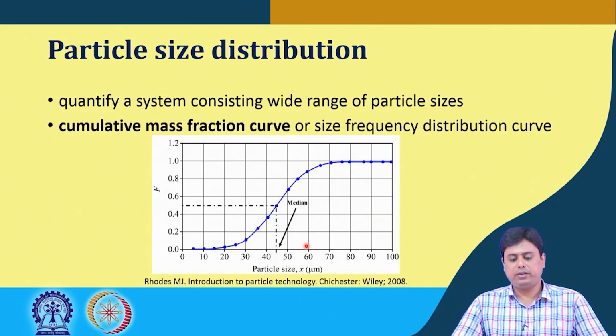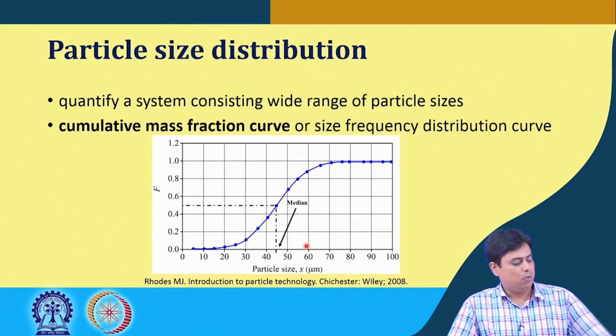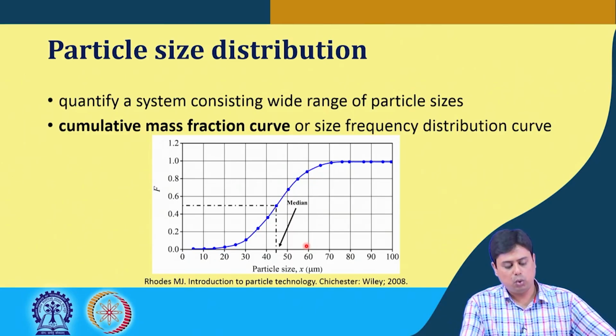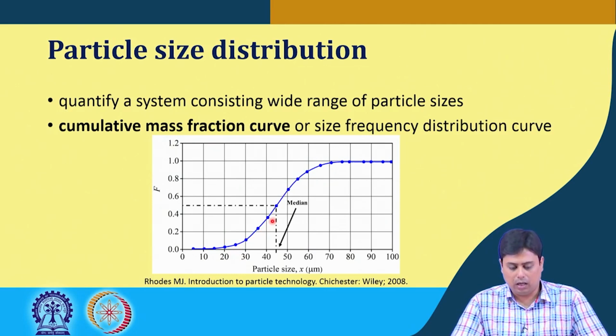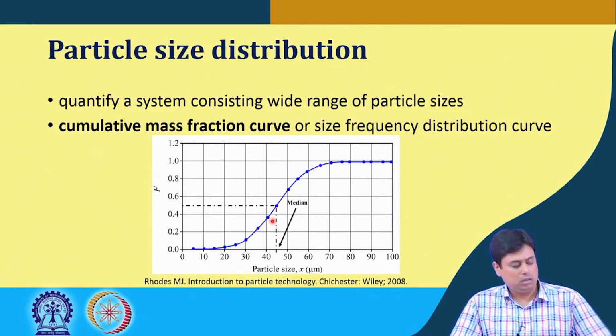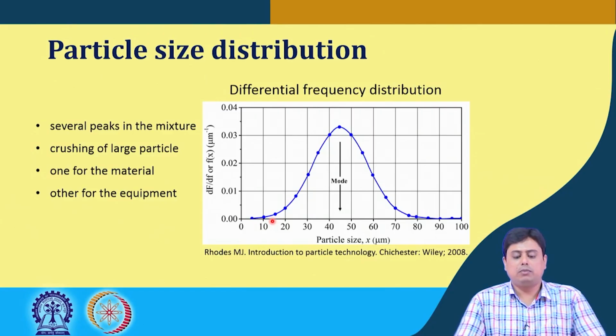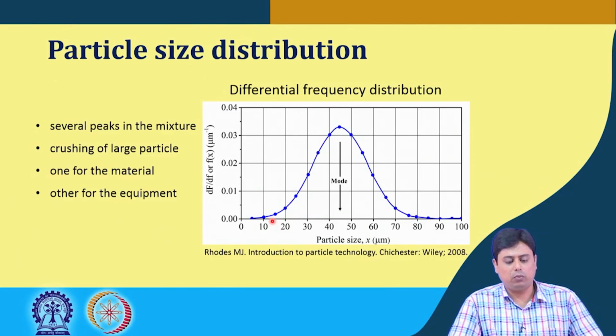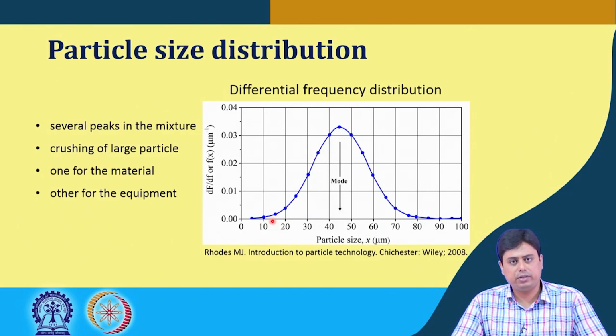The other size frequency arises when we take the slope of each and every point of this curve and plot it, which comes up as this kind of plot, called the differential frequency distribution.